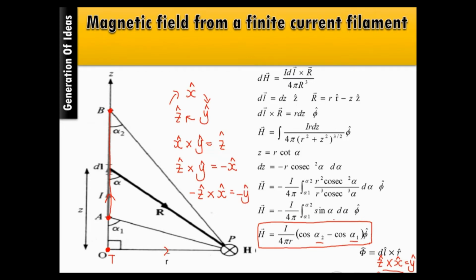By putting in all the elements alpha 1, alpha 2, R, and I, which normally will be given, and the direction of the magnetic field, you will be able to calculate the magnetic field intensity from a finite current filament.